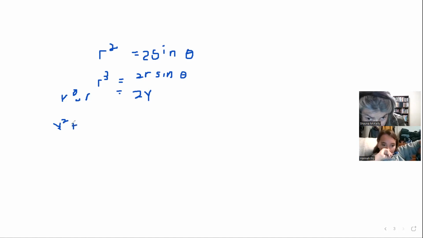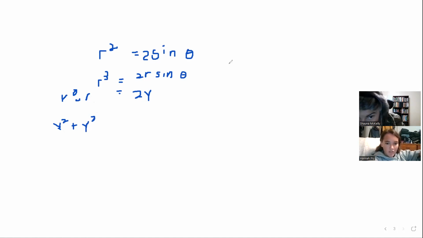Now this r, what is r? Just r by itself. X plus y? No. R by itself. Remember, r squared is x squared plus y squared. Right. So r is just the square root of this.